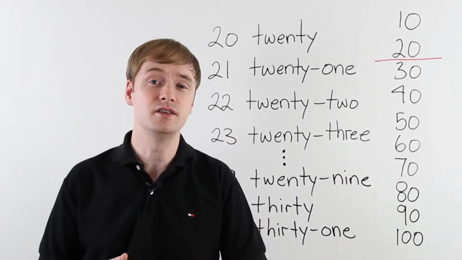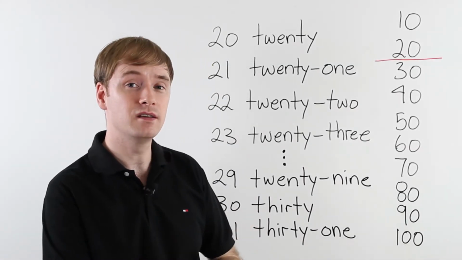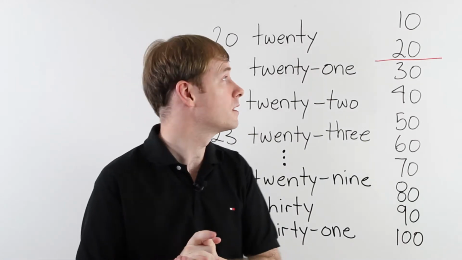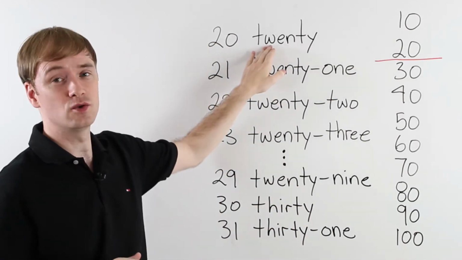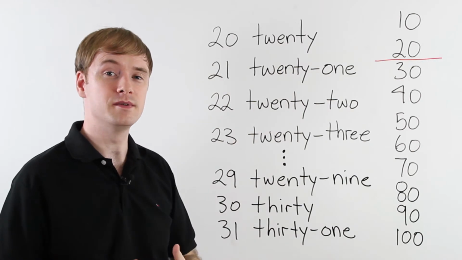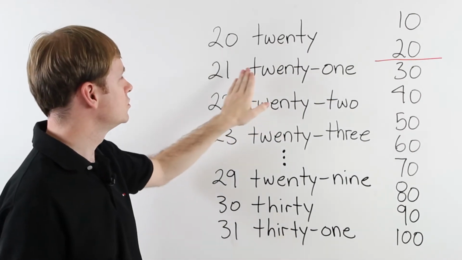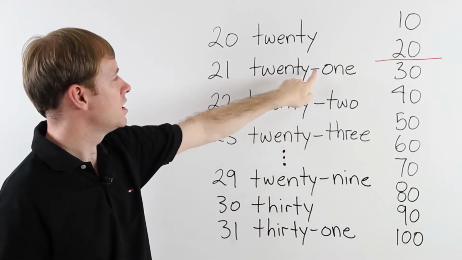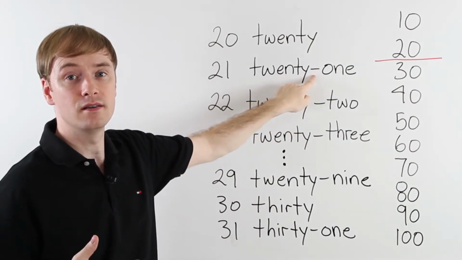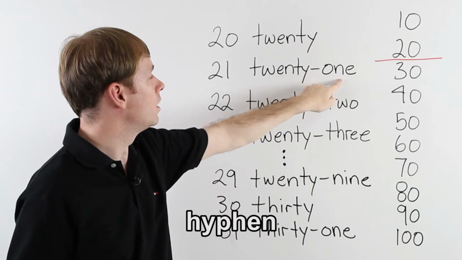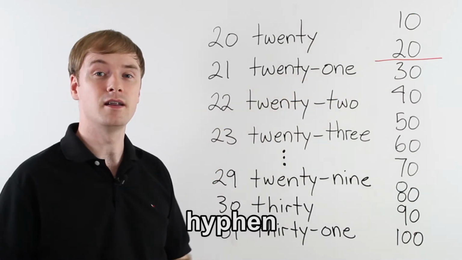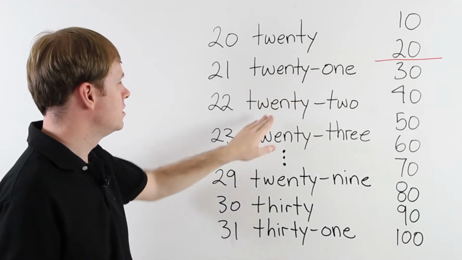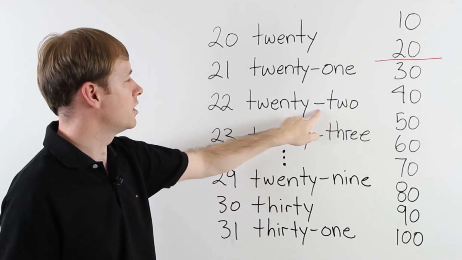Okay, so let's continue with the numbers from 20 to 100. We've already studied 20. Well, what comes after 20? 21. And we can see how I spell it. 20, and we have to put this. This is a hyphen. 1. 21. And after 21, 22. Again with the hyphen.